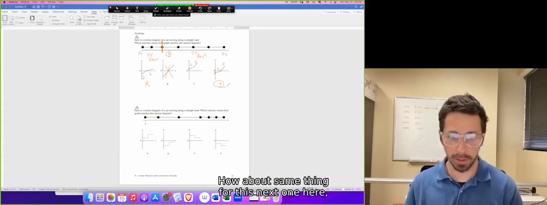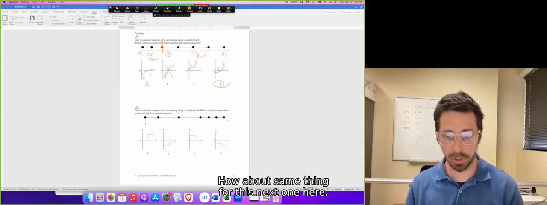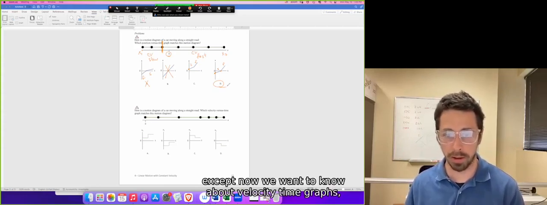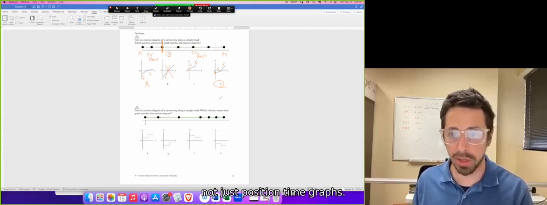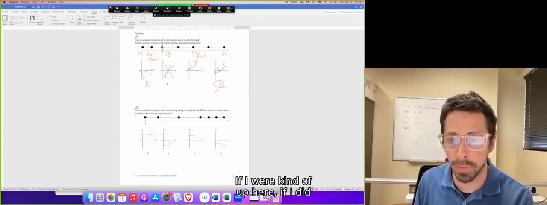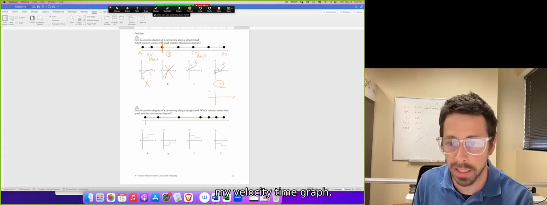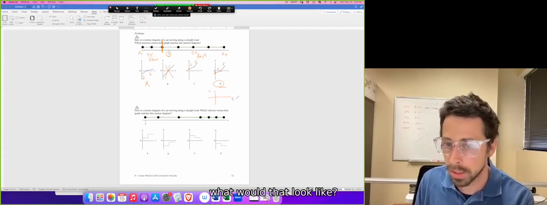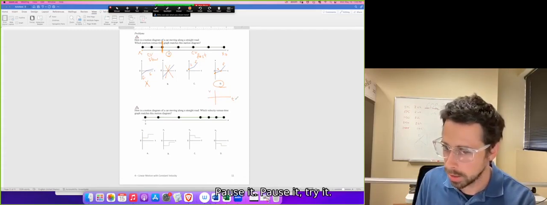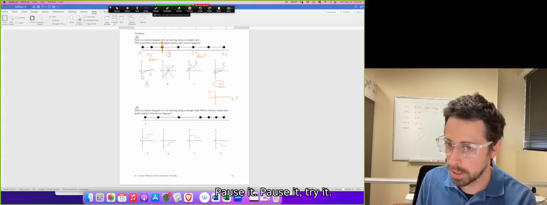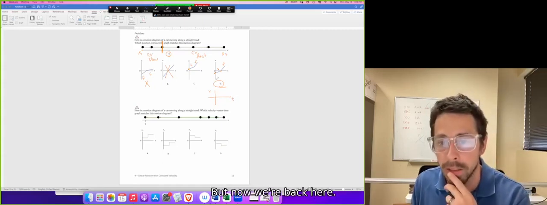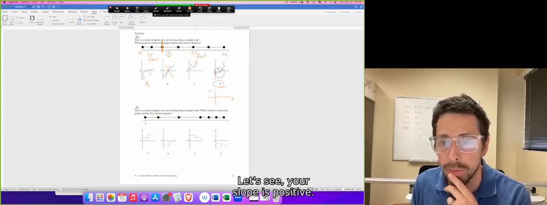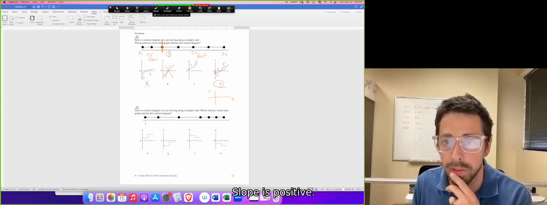Okay, how about the same thing for this next one here, except now we want to know about velocity time graphs, not just position time graphs. Oh, you know what? Hold on a second. If I were to come up here, if I did my velocity time graph, what would that look like? Pause it, try it. But now we're back here. Your slope is positive, slope is positive.